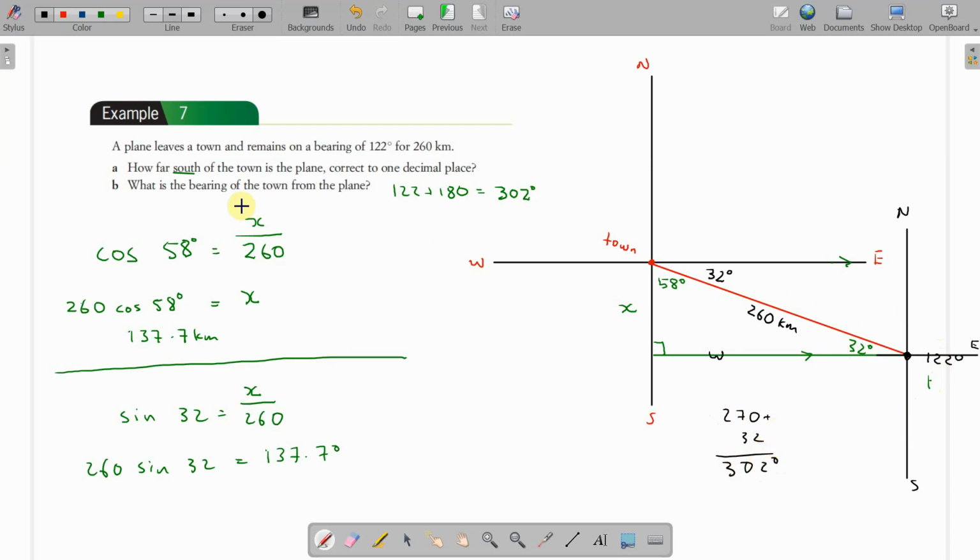So remember, when you're getting a bearing from something to something else, the original place has got to be the centre of the compass. Now we've moved the plane to be the centre of the compass, and the bearing going back to the town is 302. Thanks everyone.